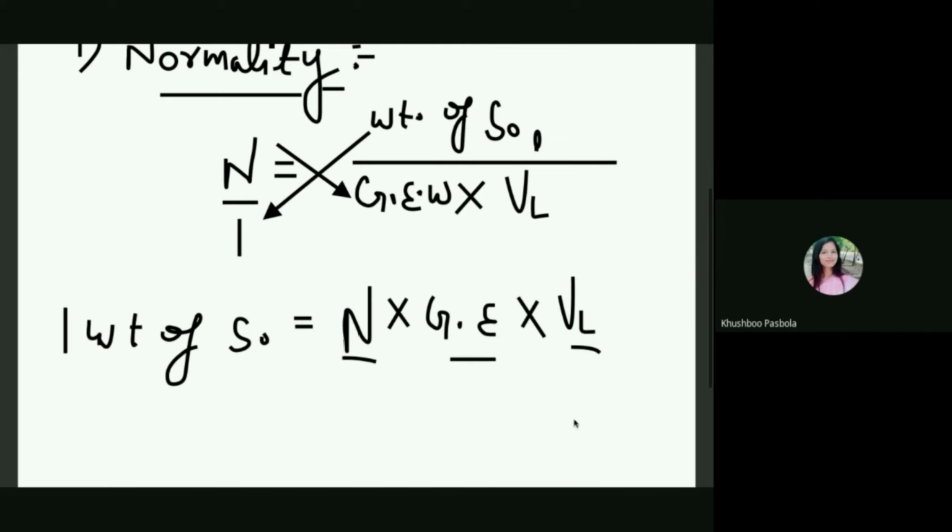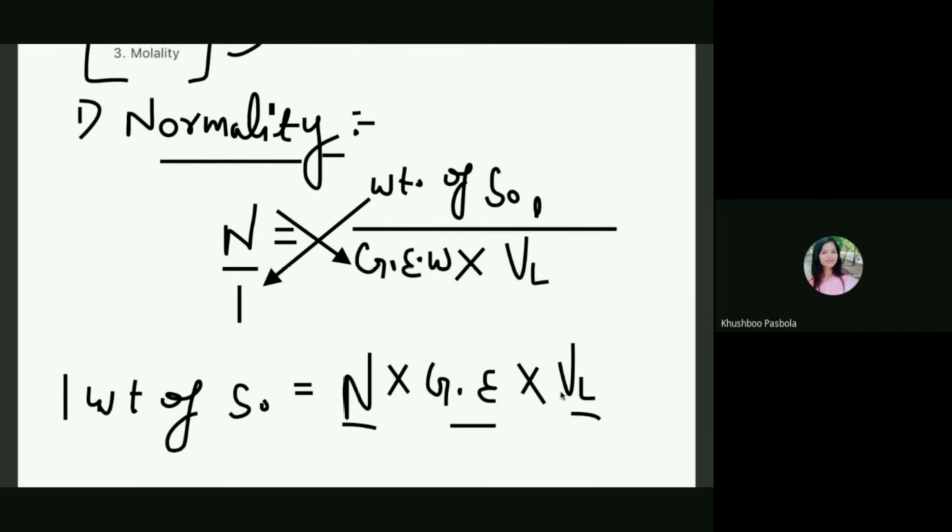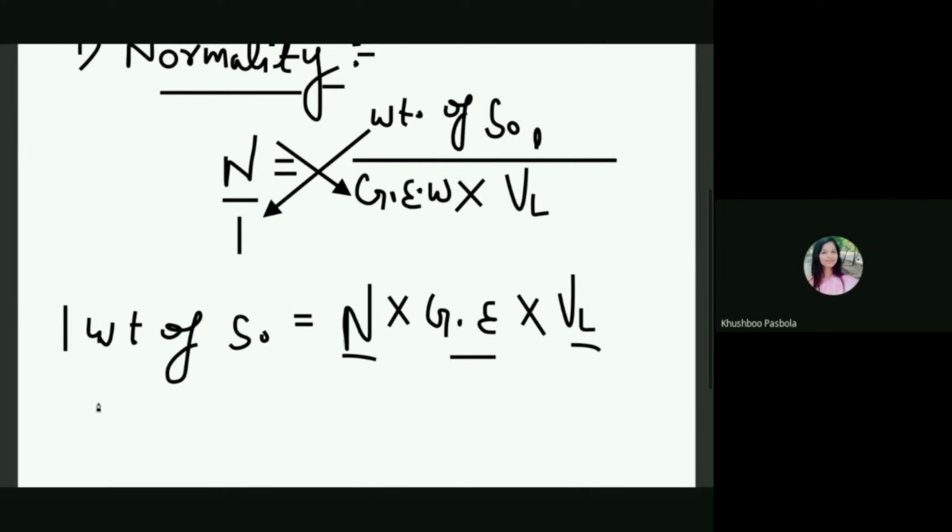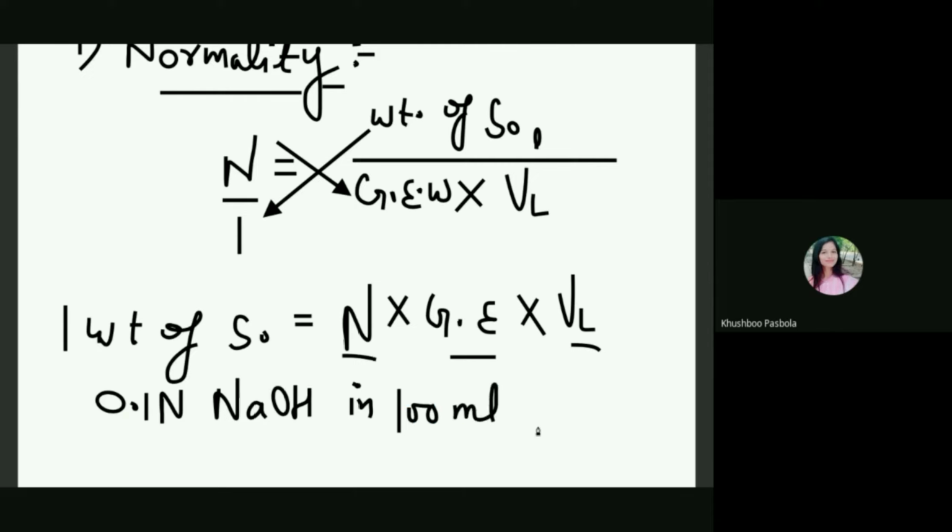Suppose I want to prepare a solution of 0.1 normal NaOH in water, and here I am giving a volume as well, 100 ml in water.